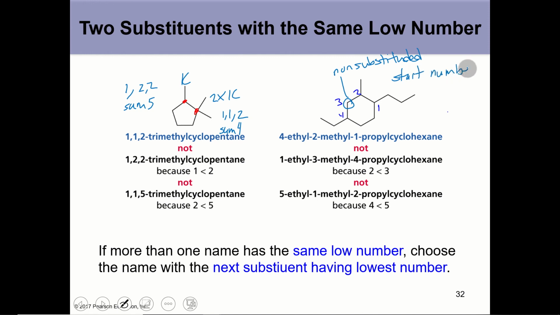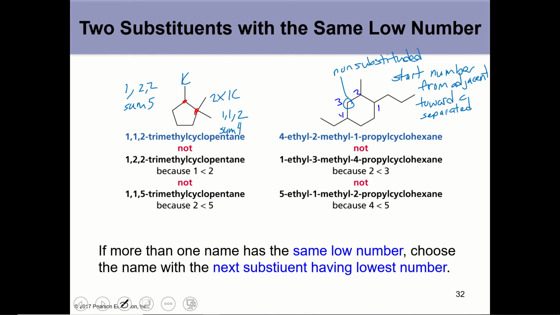So you're going to start numbering from adjacent carbons toward the carbon that is separated, so that the carbon that is separated has the lowest possible number. And all carbons have the lowest possible number.